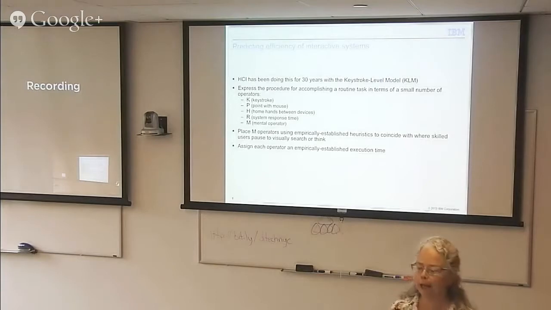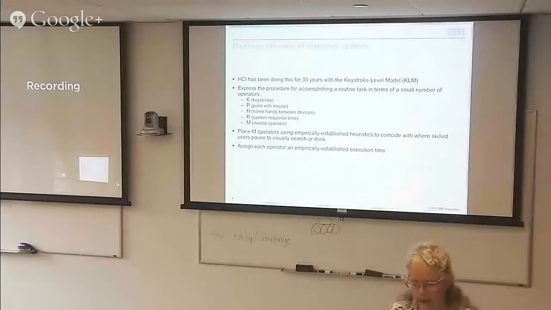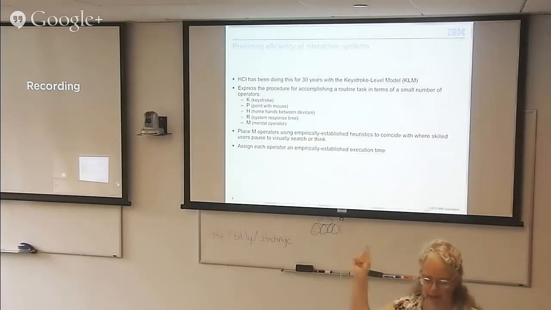Now, mental operators are a black box set by empirical research done a long time ago, but still holds up. People tend to pause at certain times for about a second. There are heuristics for placing them, and that's that other line.